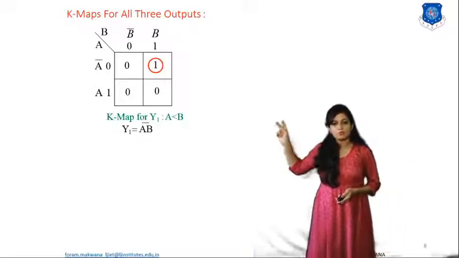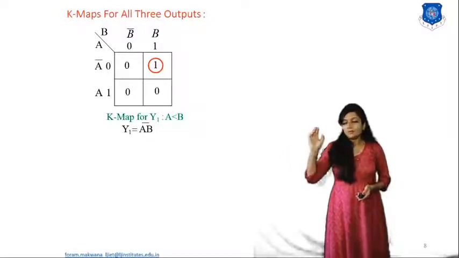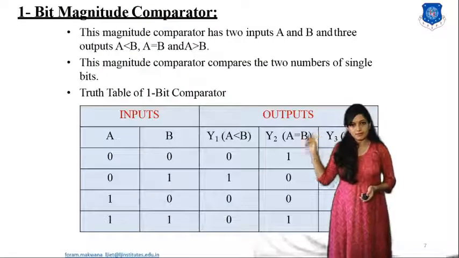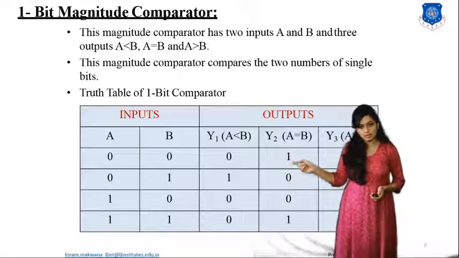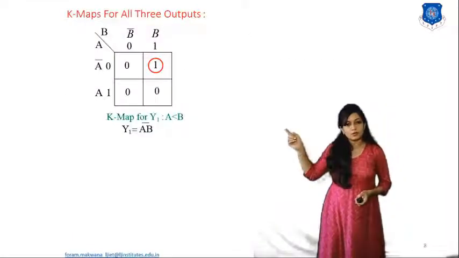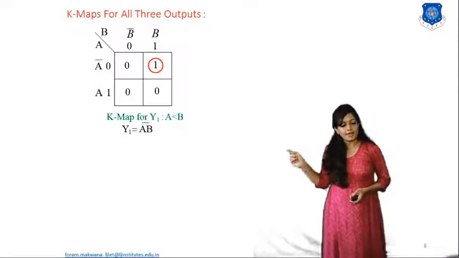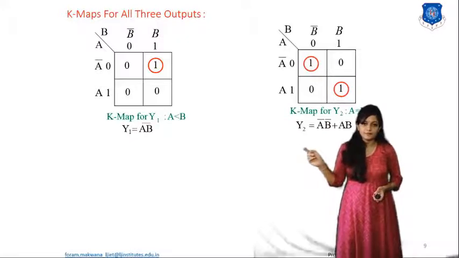A and B, both inputs are there, so A dash, A and B dash, B. For which state are we getting the output? There is only one state, that's A dash B. So Y1 is equal to A dash B. This is the K-map for Y1, in which A is less than B.